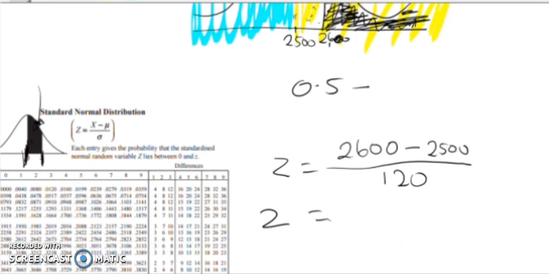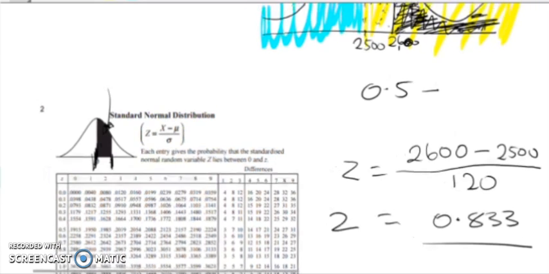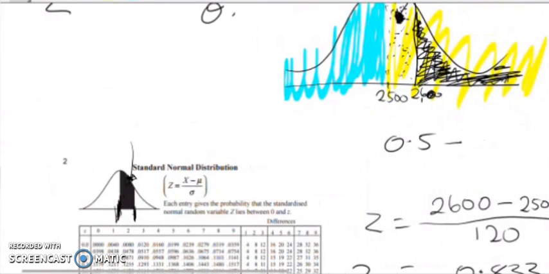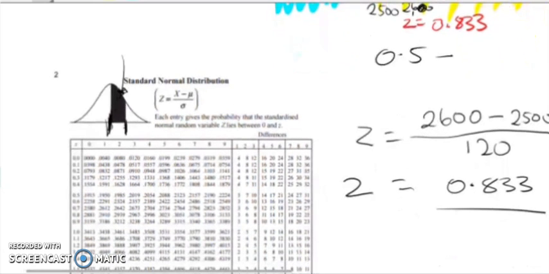That gives us a z-score of 0.833. We want three decimal places. It's a positive z-score, which is what we were expecting because it's on this side of the mean. So our z-score right at that point is 0.833.